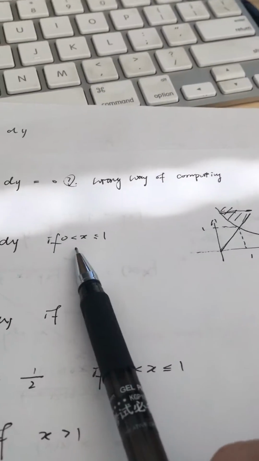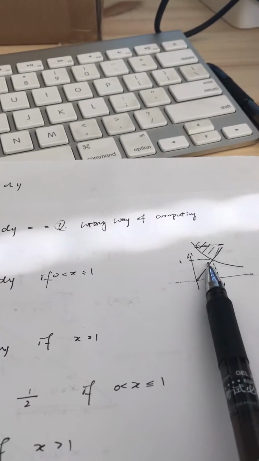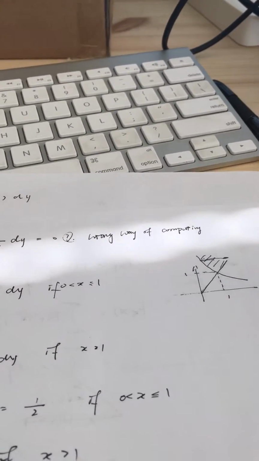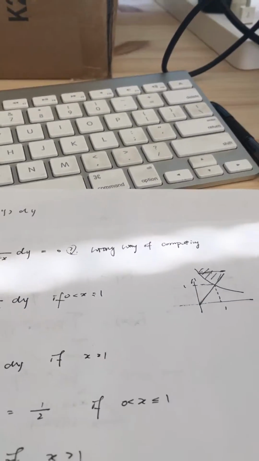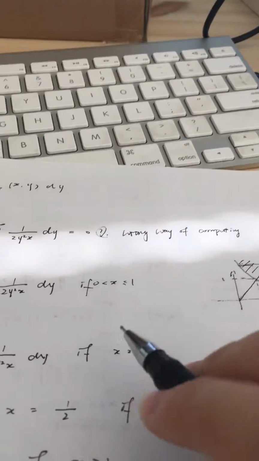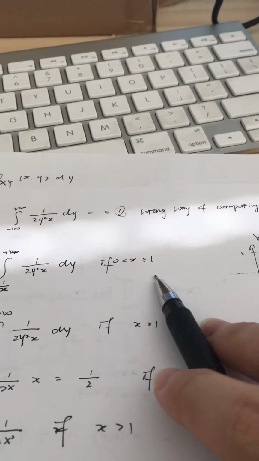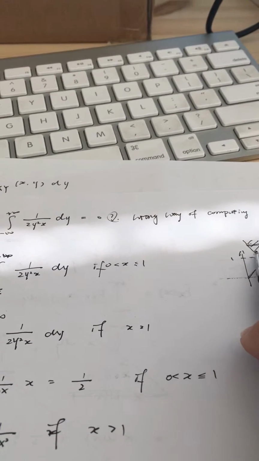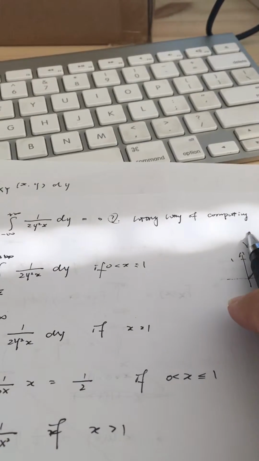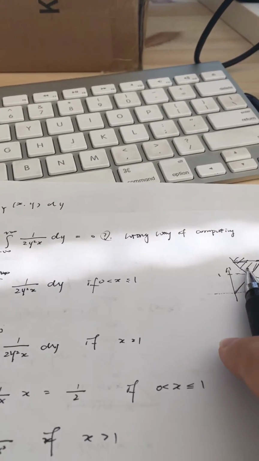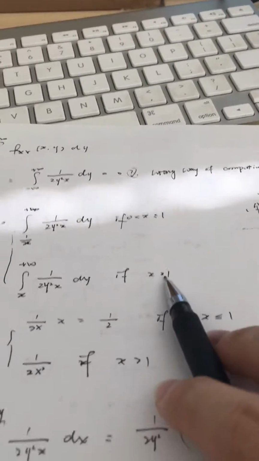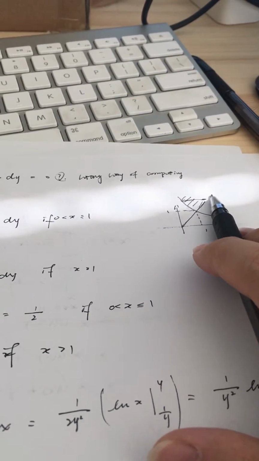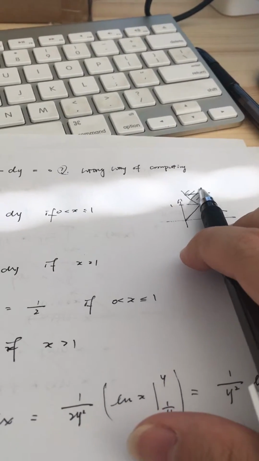Y is bounded by two kinds of x. If x is from 0 to 1, in this interval, y goes from 1 over x to plus infinity. If x is bigger than 1, in this part, y goes from x to plus infinity.